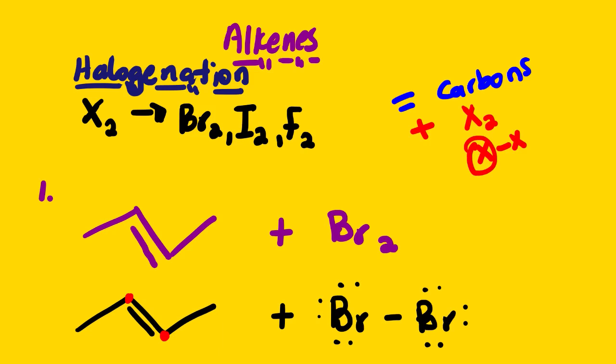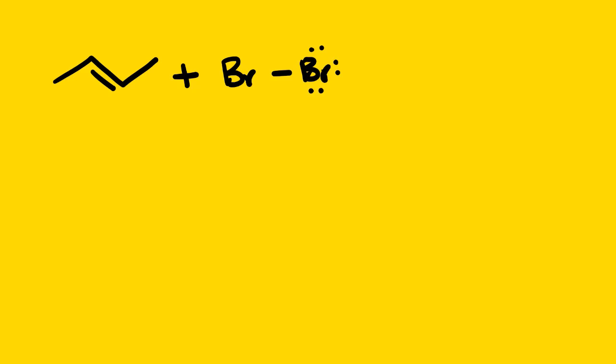The second halogen will take the second carbon on the double bond. So the product here, let me write it like this, so that we can remember that we are not going to focus on the mechanism for now. This is an introduction to know the different types of these reactions.